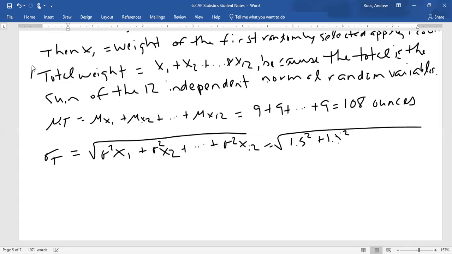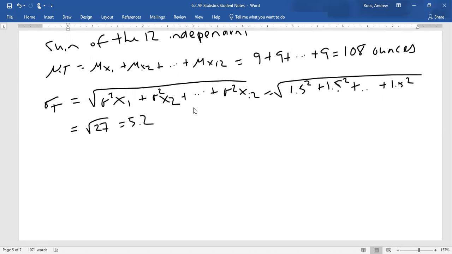So we would add 1.5 squared together 12 times. So that would end up equaling the square root of 27, which would equal 5.2. Okay, so that means the new standard deviation is 5.2. The new mean is 108.